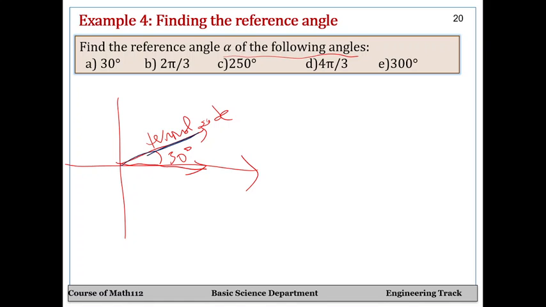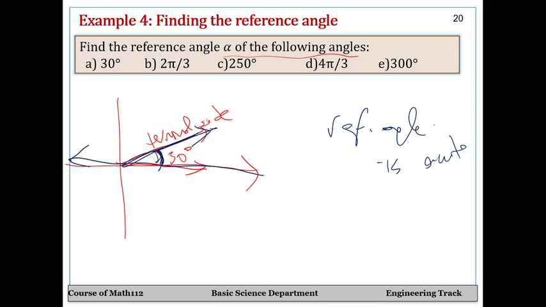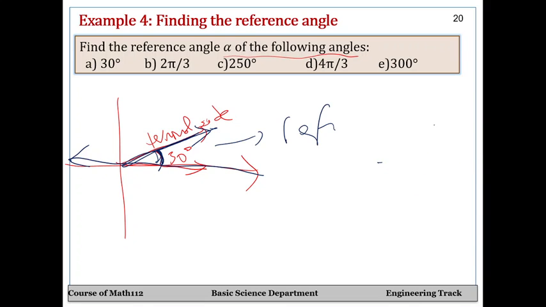It is the acute angle between the terminal side and the x-axis. The reference angle is always acute. Acute means less than 90. So the reference angle of 30 degrees is again 30 degrees.